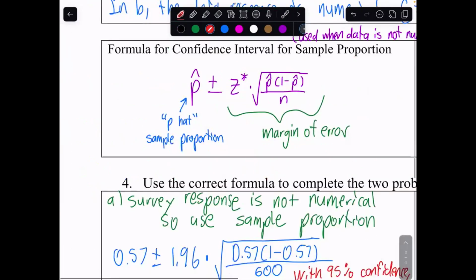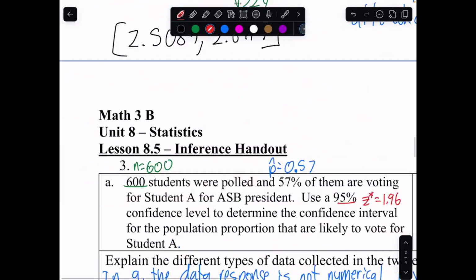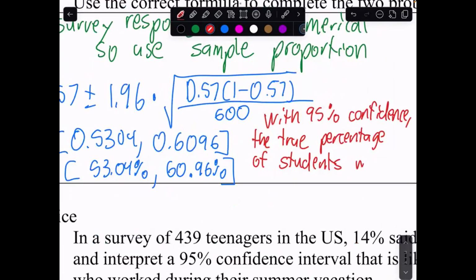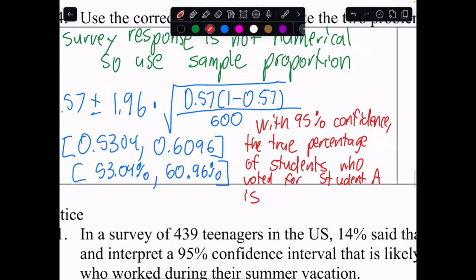We're measuring if students voted for student A. So this is the true percentage of students who voted for student A. We think that that true percentage is somewhere between 53.04% and 60.96%.